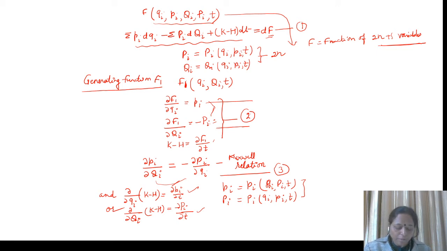Now with the help of this generating function F1, we will produce different types of generating functions. I am considering the second type of generating function, F2. This is the second type of generating function, which is a function of qi, capital Pi and t.